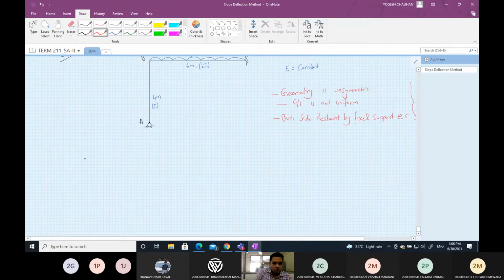Now, this implies that we analyze the frame in the same manner as that of a continuous beam.